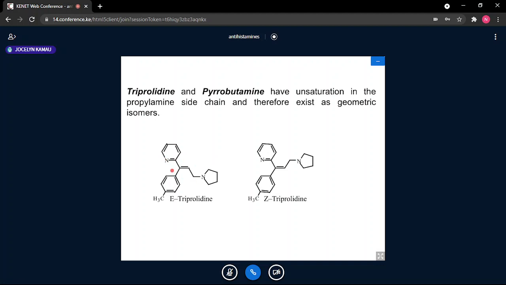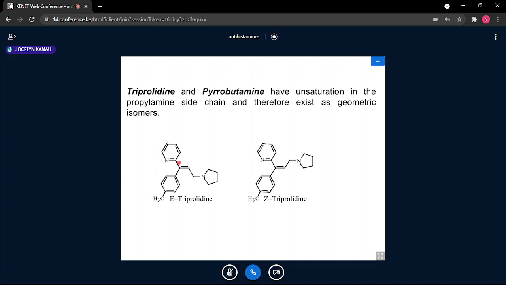And we did mention, if you look at this isomer, remember here there is a hydrogen. That one has a hydrogen. And because of this nitrogen here, which has a higher atomic number, this group is much bigger than that group.